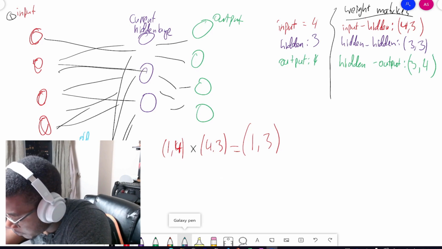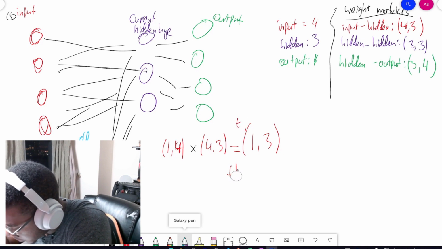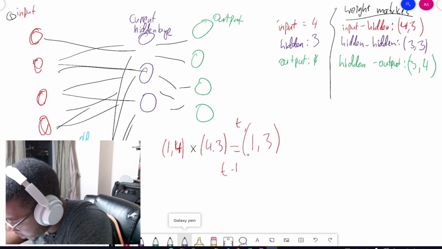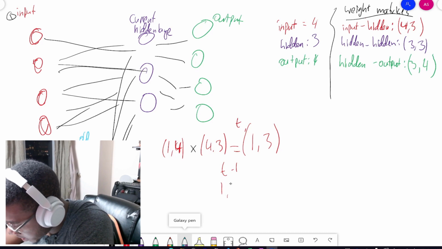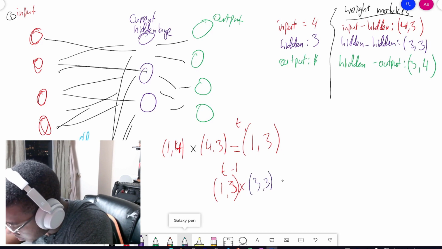Now this is for time t. Now for t minus 1, what we have is this old hidden layer, so this will also be a 1 by 3, and then what we're doing is we're multiplying it by our hidden, which is a 3 by 3, which gives us another 1 by 3 matrix.